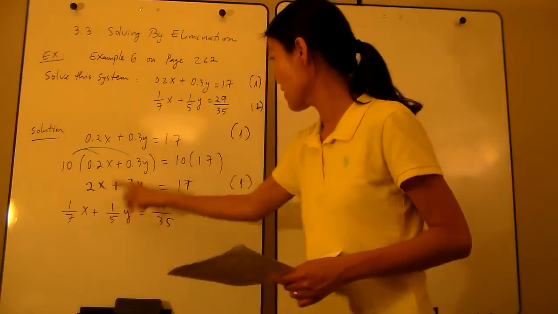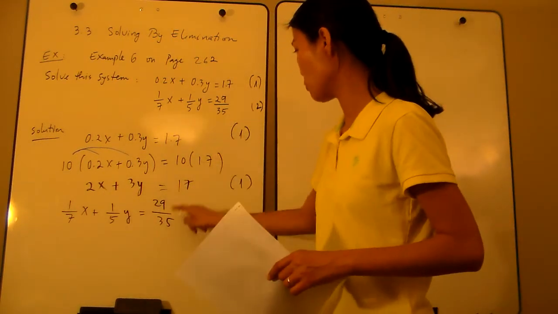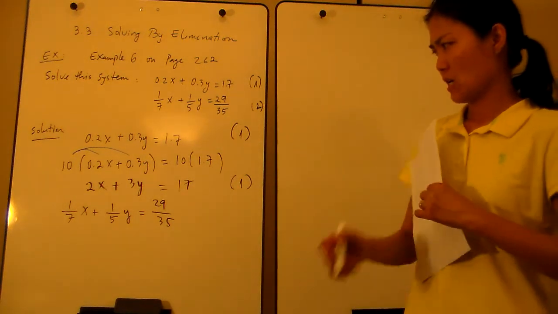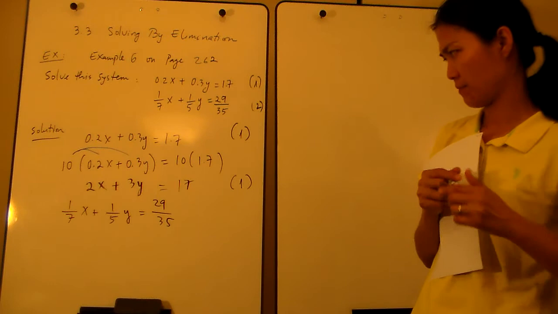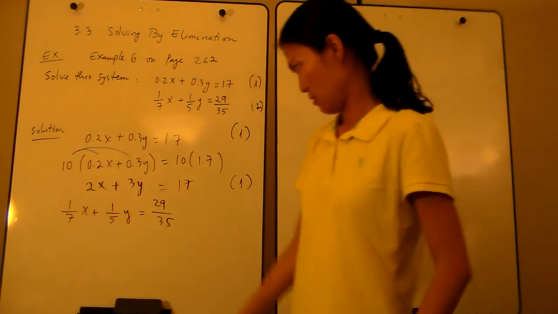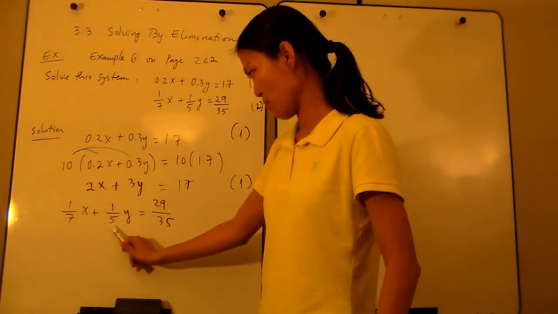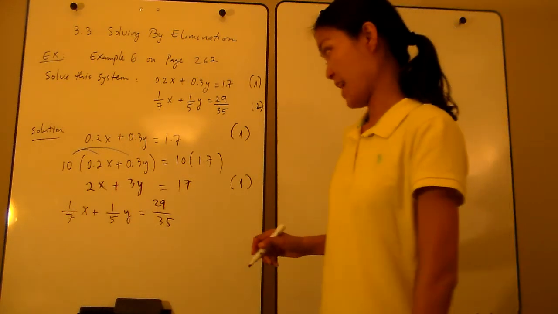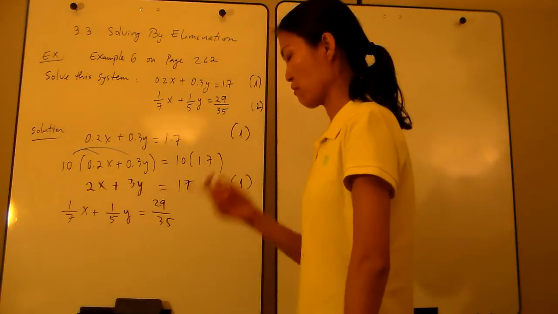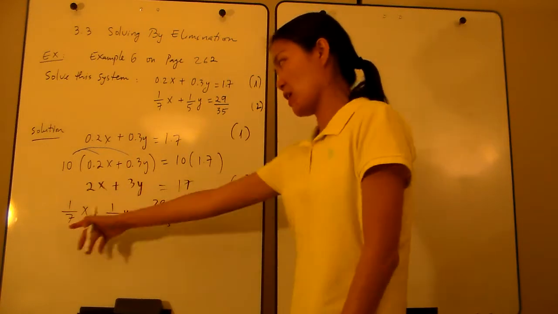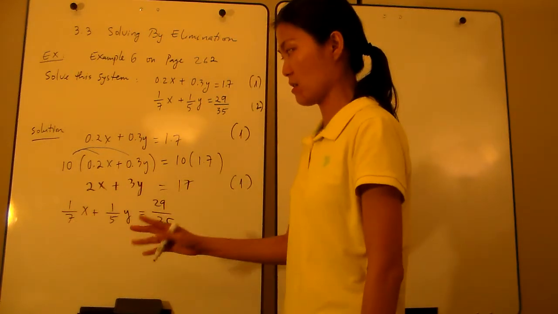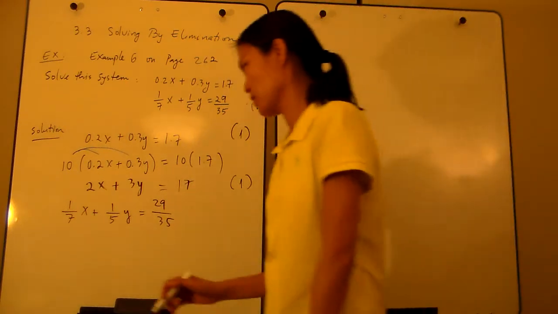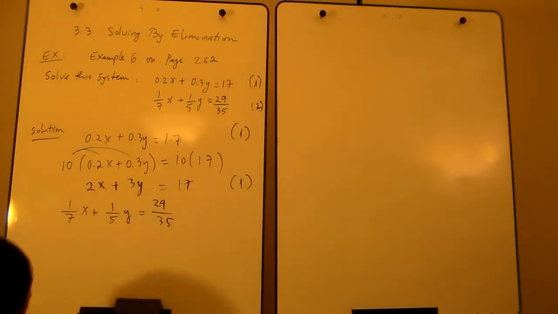How do we eliminate the denominators? 7 denominator, 5 denominator, 35 denominator. That means you can multiply both sides by 35. It will clear out these fractions because 35 is a multiple of 7 and 5. So let's multiply both sides by 35.